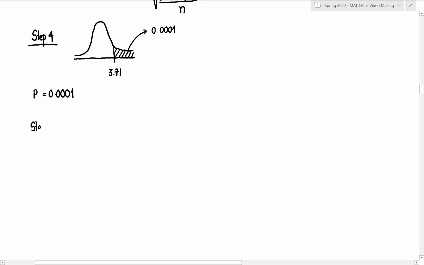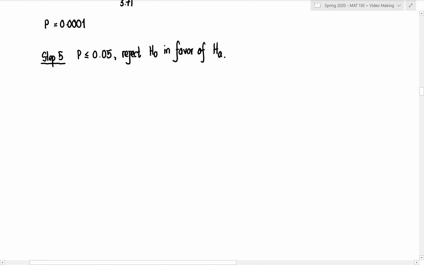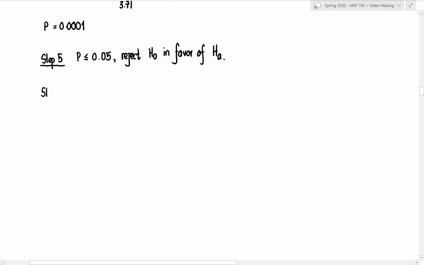Once we have our p-value, step 5 is to figure out whether we're going to reject H0 or not. We compare our p with alpha, and p is clearly smaller than our alpha, 0.05, which means we're going to reject our null hypothesis in favor of our alternative hypothesis. So reject H0, accept HA. What does this mean in the context of our example?